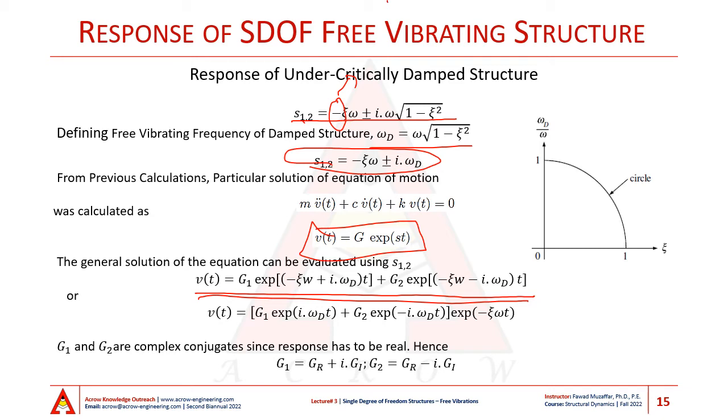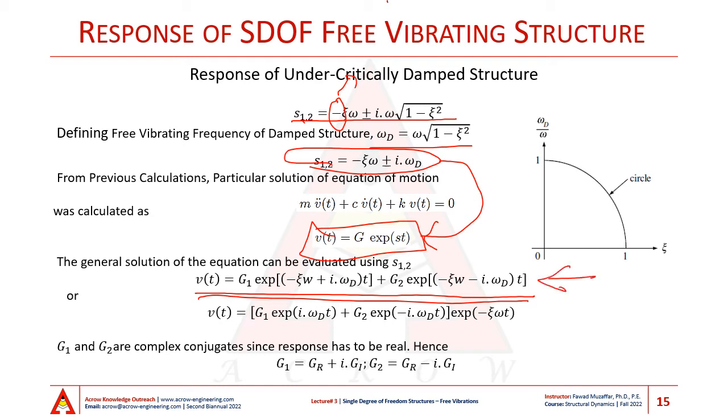And we need to then plug in the value of S into this equation to arrive at the general solution of the differential equation, which is this equation right here.